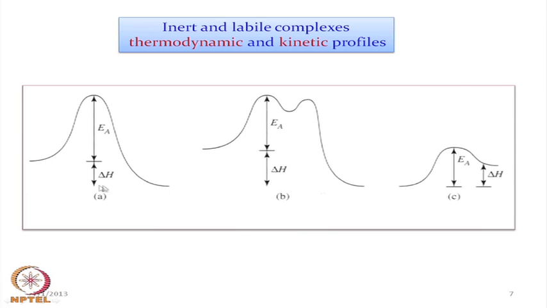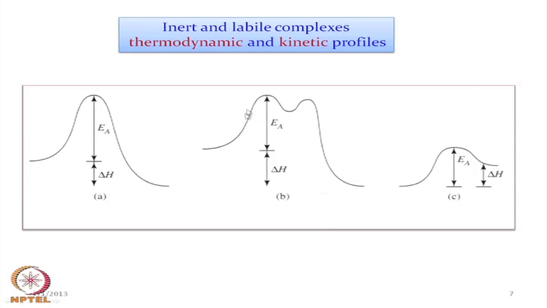So, in these first two cases, delta H is small, and we have a large equilibrium constant, that means thermodynamic stability. That means in these two cases we are considering stable metal complexes. But when we talk about the kinetic profile, we should consider the E A values, the energy of activation, how much of a barrier you have to cross from the left hand side, which we have considered so far as ML5X, to ultimately get to ML5Y, the product formation.